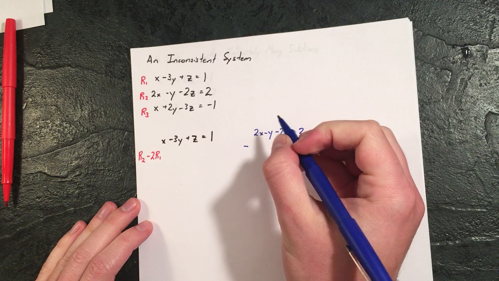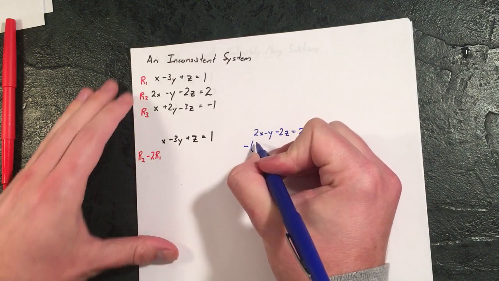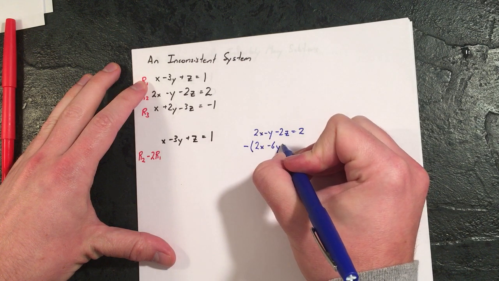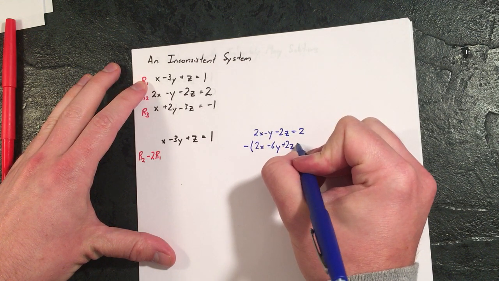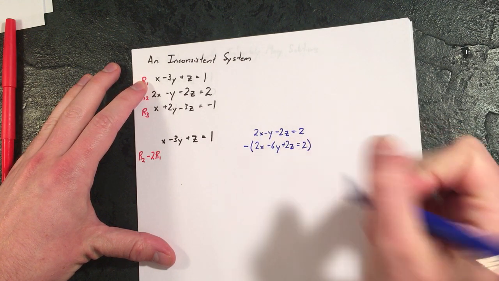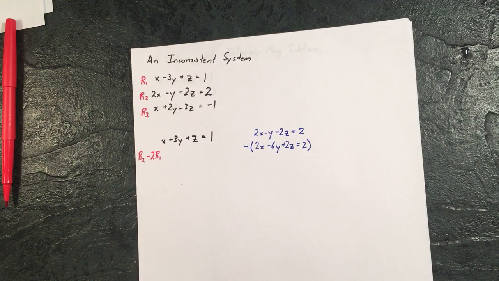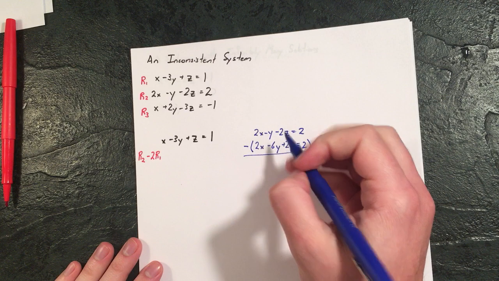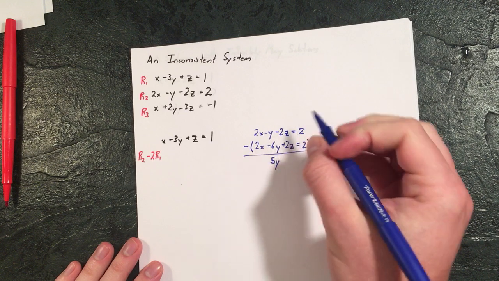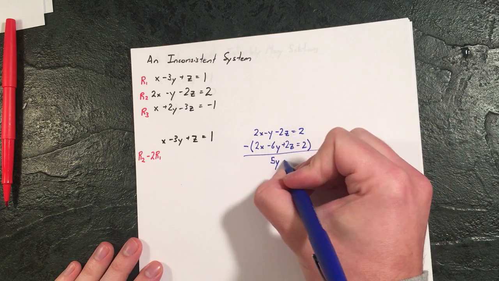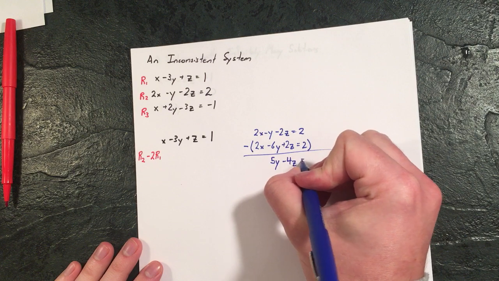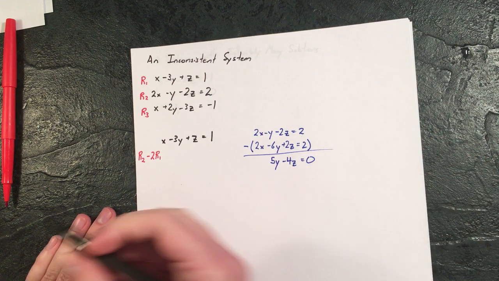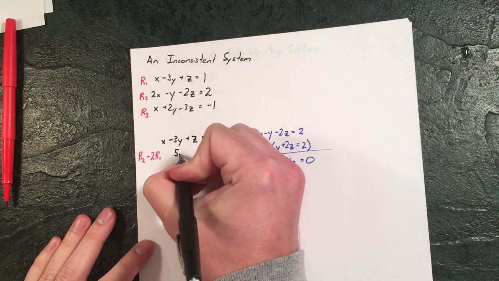And we're subtracting 2 times row 1 from this, so that is 2x minus 6y plus 2z equals 2. When we're subtracting these, we're going to be left with nothing there. This is 5y, negative 4z, and a 0 here. So that is our new second row.